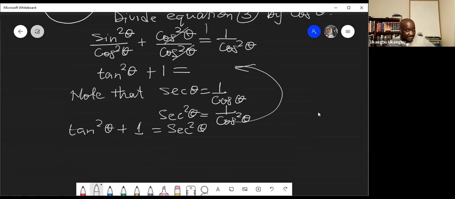So that's another trigonometric identity that should be on the list of identities we just talked about. If you look at that list, it's right there. So this is another very important trig identity.